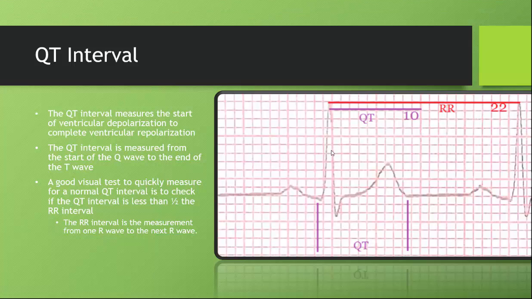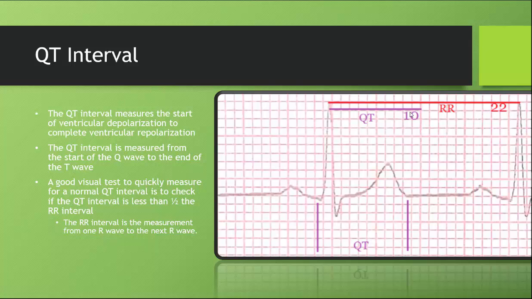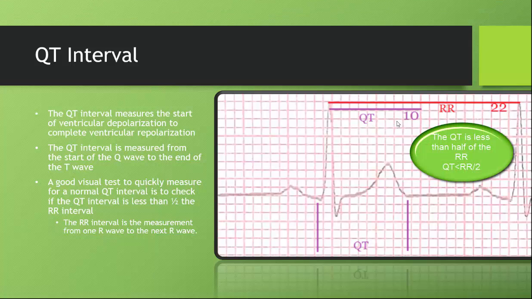The R to R interval is from the peak of each R wave apart. We see the R to R interval here is 22 small boxes, while the QT interval is 10 small boxes. So this is a normal QT interval because it is half of the R to R interval.